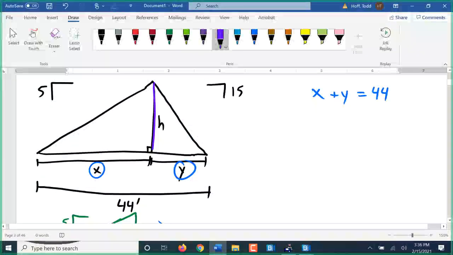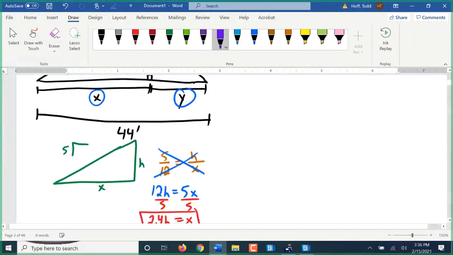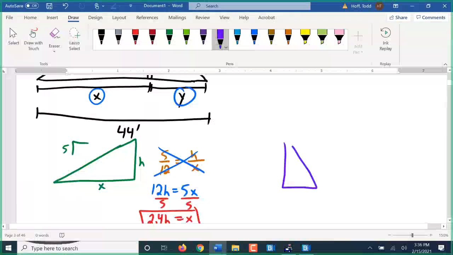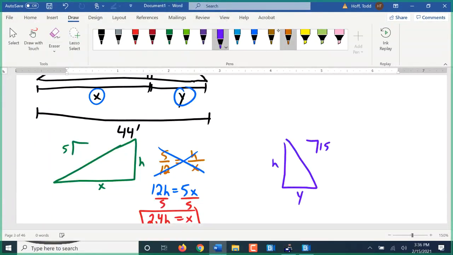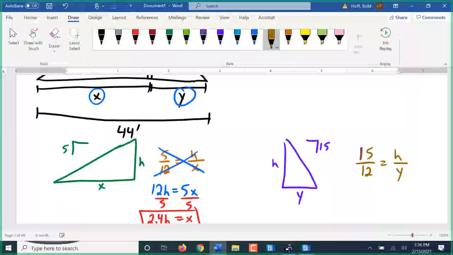Back up here, we've got this triangle right here that we're going to work with. This is Y, this is H, it's a slope of 15/12. Just use the triangle here. This describes this triangle, not this one over here. So it's just 12 over 15 equals H over Y, right?